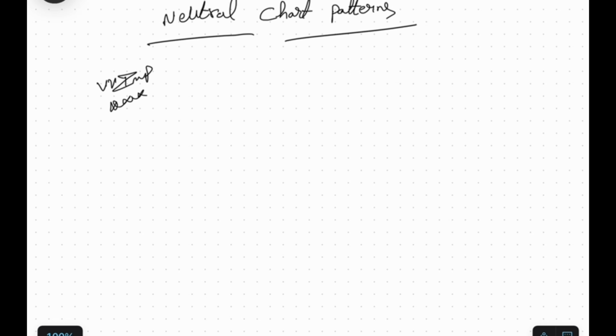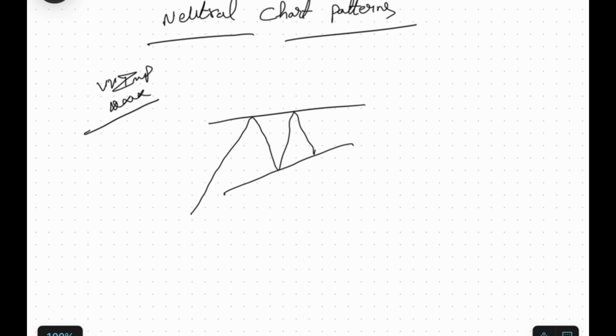These chart patterns are very important. The price will move like this. This is called the ascending triangle.